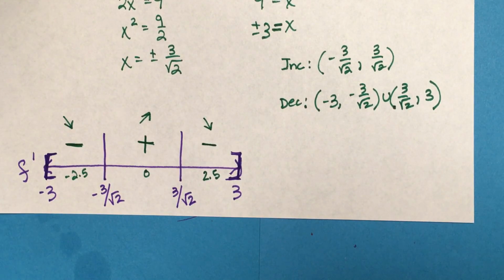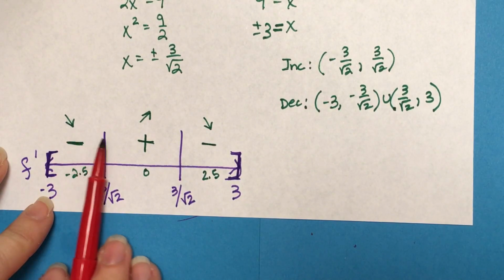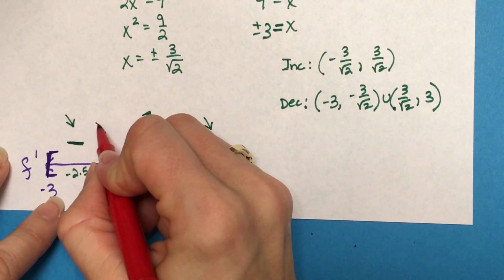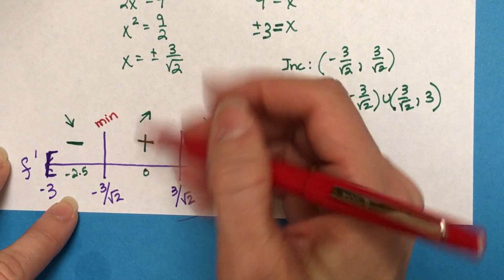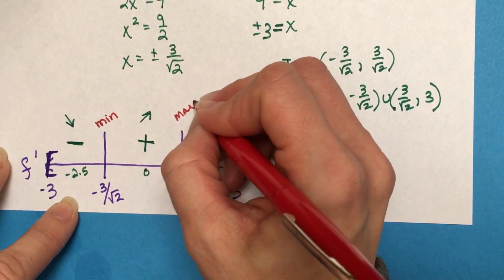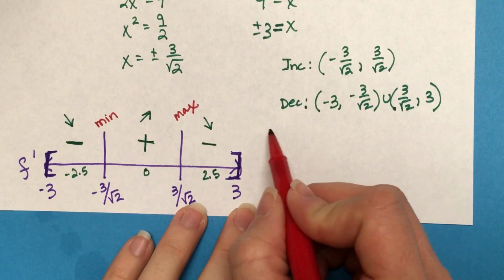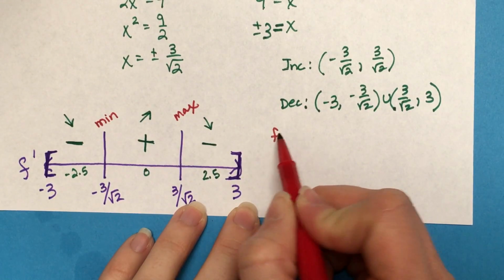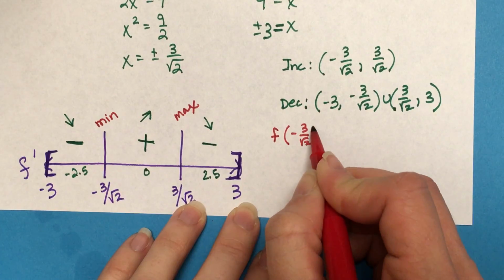Now, maxes and mins using your first derivative test. If you're decreasing and then increasing, this would have to be a min. And then if you're increasing and then decreasing, then this would have to be a max. Okay, so we have f of negative 3 over square root 2.